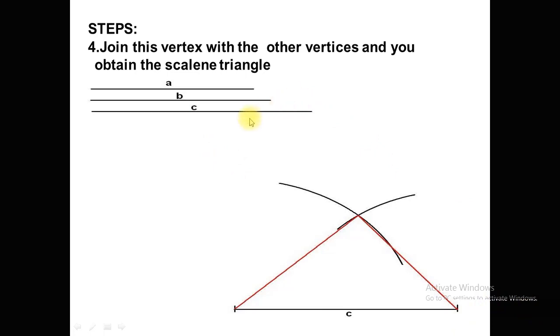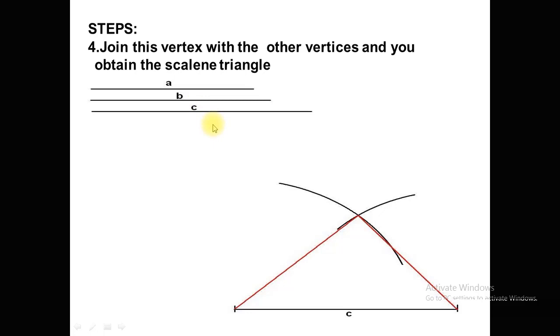For the construction of the scalene triangle, I have already told you that we are going to construct the different sided triangle, not isosceles. Scalene triangles are different sided triangles.